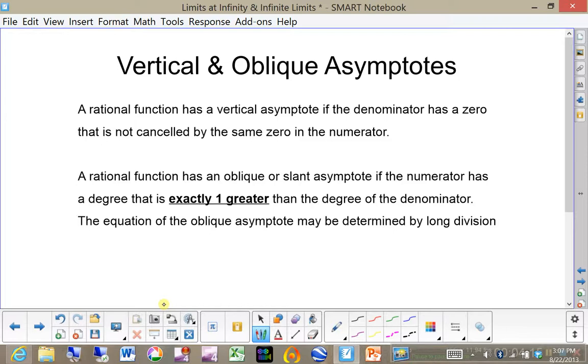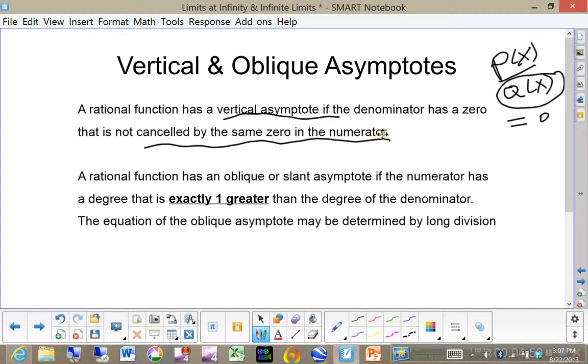A rational function, and you know that a rational function is basically p of x divided by q of x, where p of x and q of x are polynomials, has a vertical asymptote if the denominator q of x has a 0 that is not cancelled by the same 0 in the numerator.